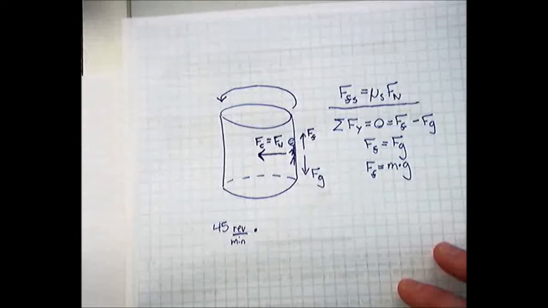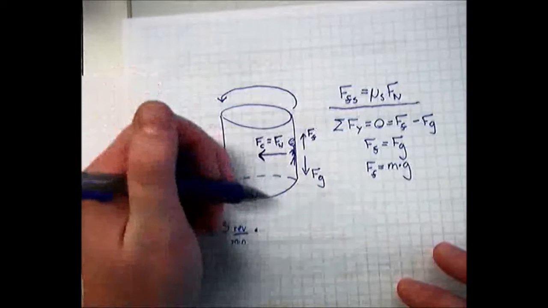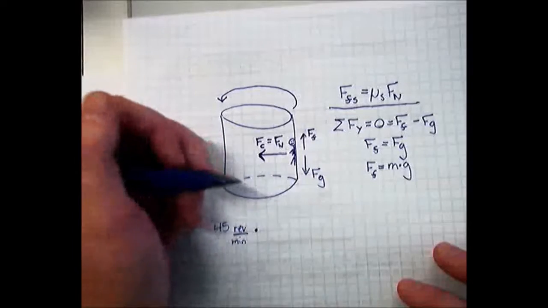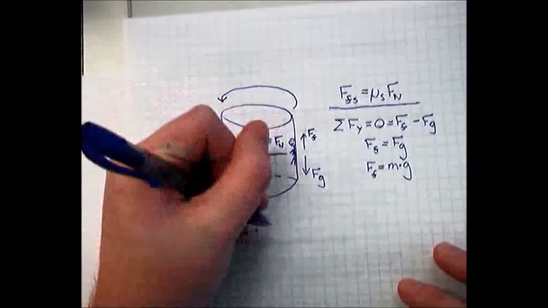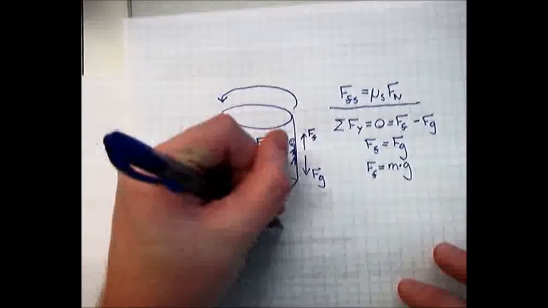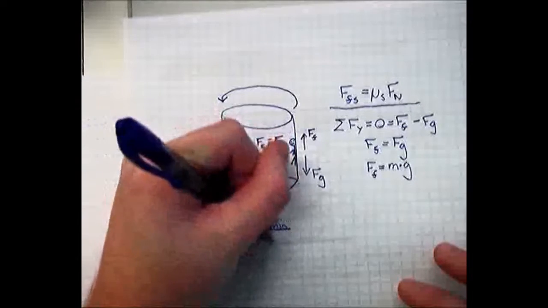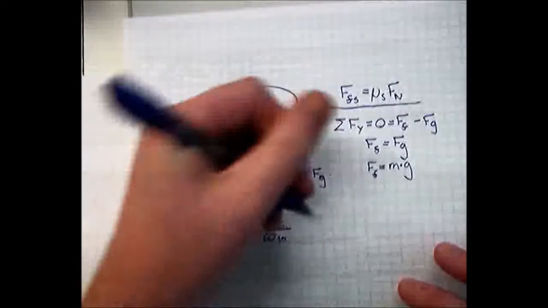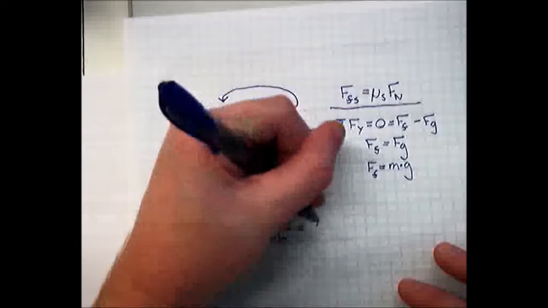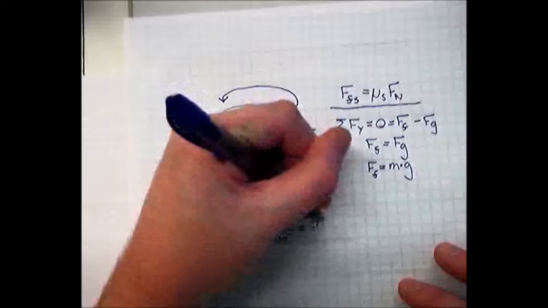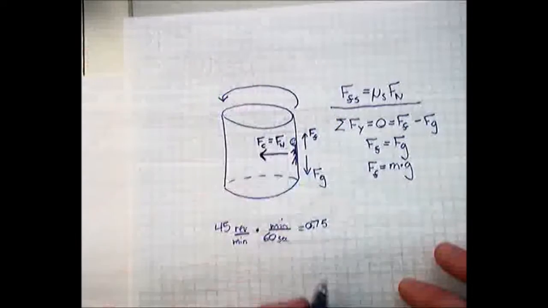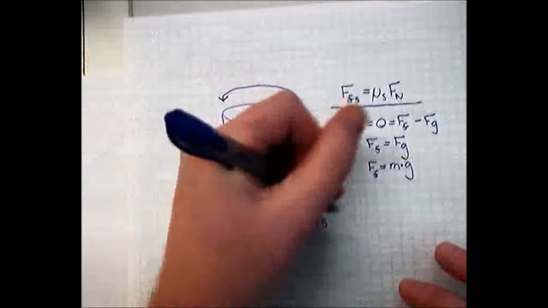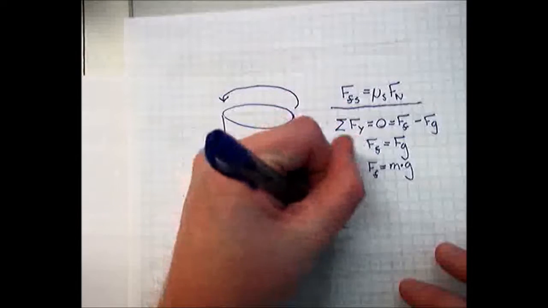Let's figure out how many in 1 second. So your minutes goes up top, we have 60 seconds in the bottom, so it's just 45 divided by 60, and we get, still a frequency, 0.75 revolutions per second.